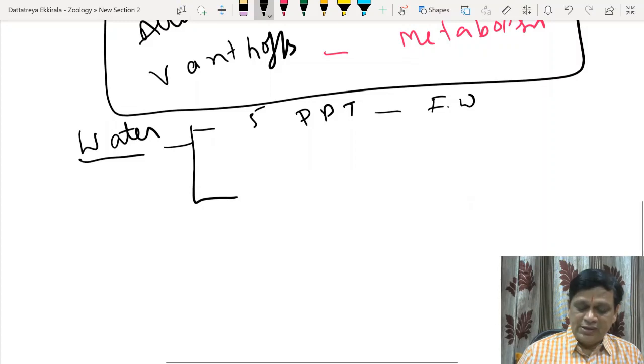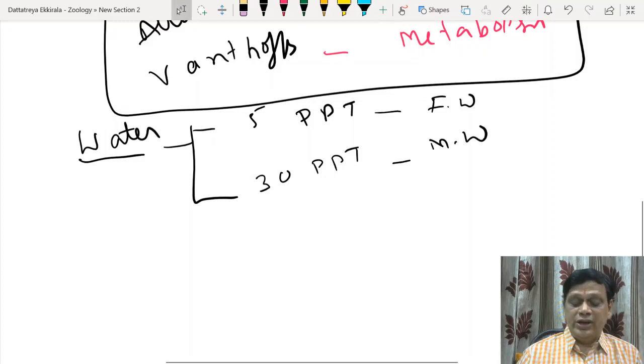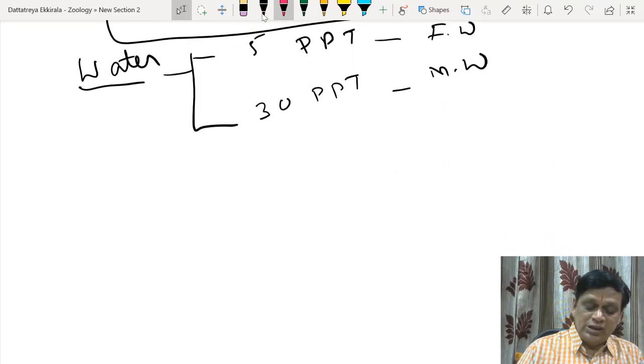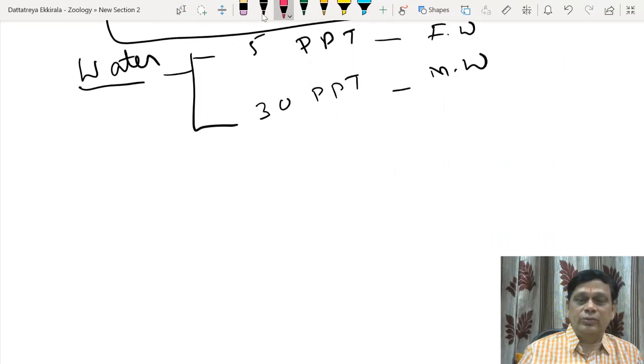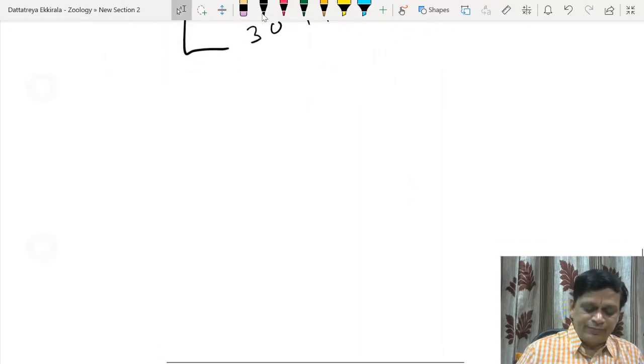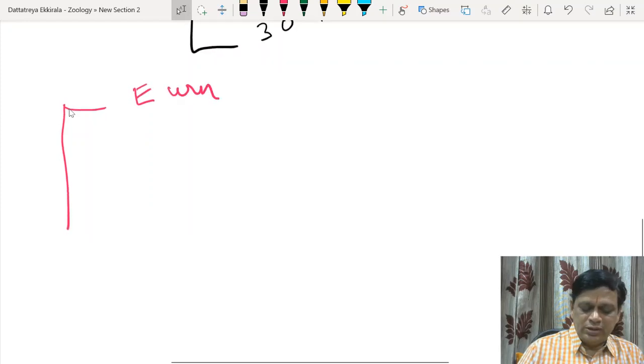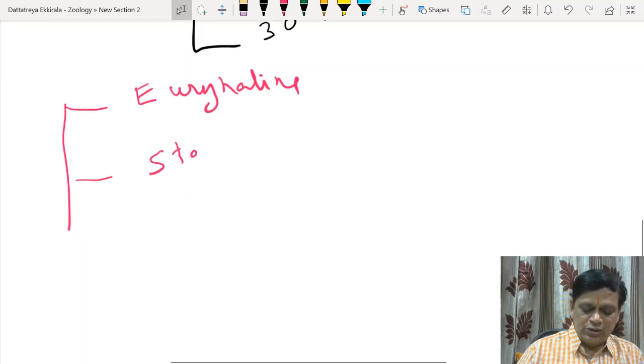Then if it is up to 30 parts per thousand, it is marine water. If it shows a lot of variation, then you call it brackish water, right? So in these, organisms can also be differentiated as euryhaline and second one stenohaline.